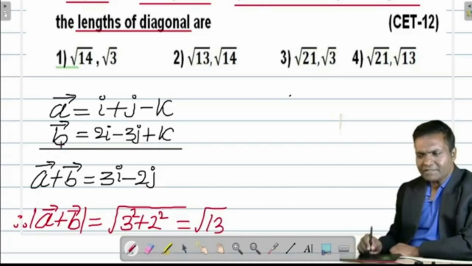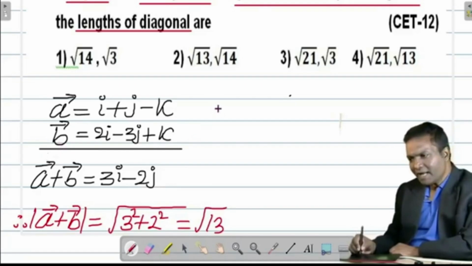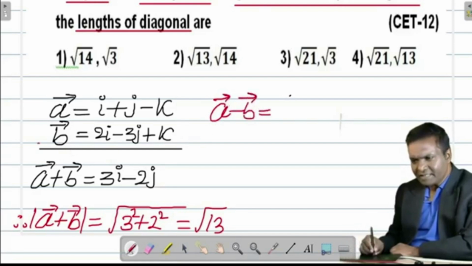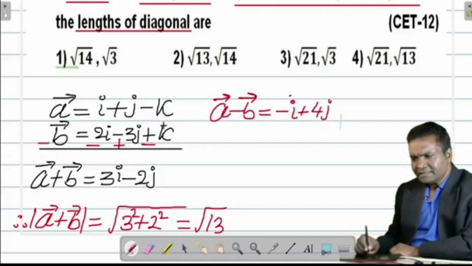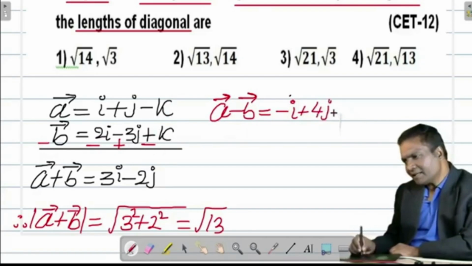Similarly, subtract. So if you subtract, what will you get? Vector a minus b. Change the sign. Vector a minus b is i minus 2i, you will get minus i. j plus 3j, you will get 4j. And minus k minus 2k, you will get minus 2k.